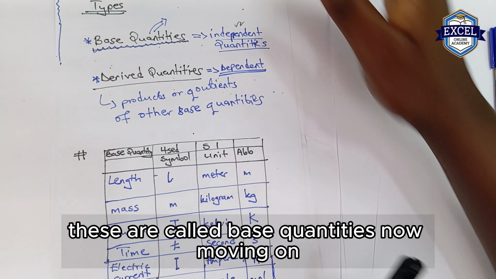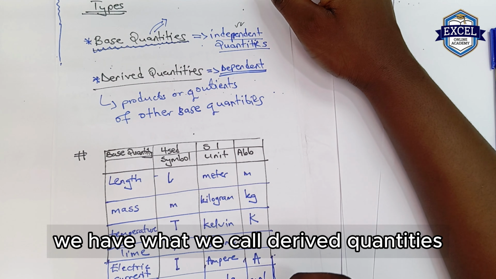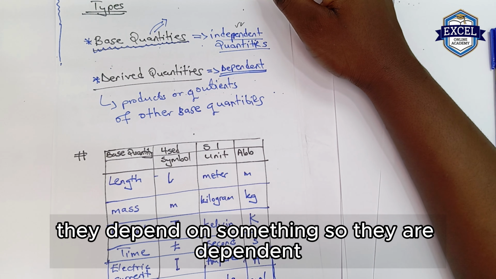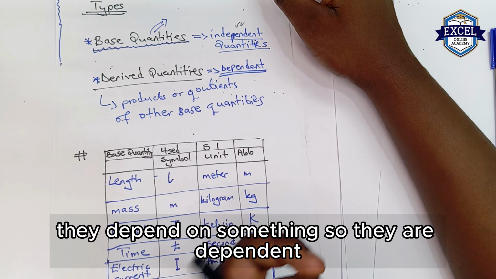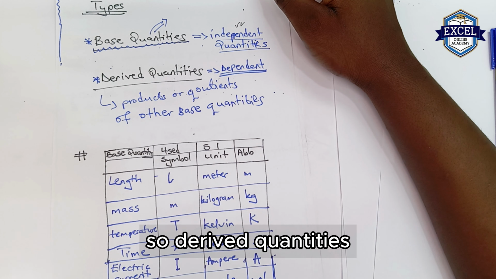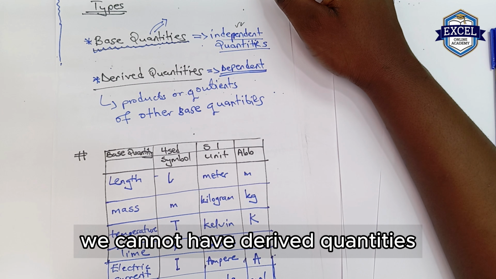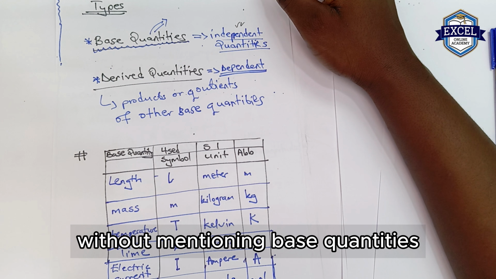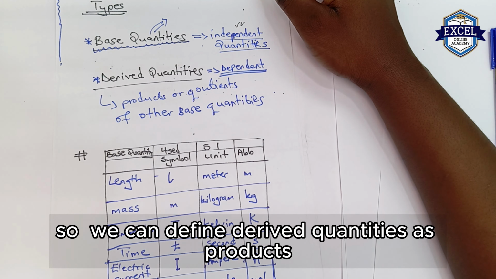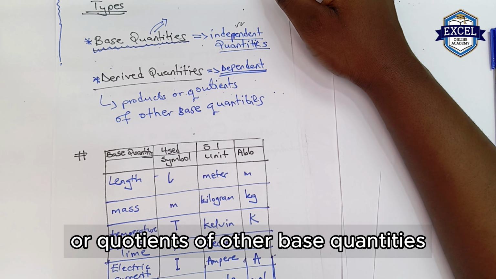Now moving on, we have what you call derived quantities. These derived quantities depend on something. So what do they depend on? Derived quantities depend on base quantities. We cannot have derived quantities without mentioning base quantities. We can define derived quantities as products or quotients of other base quantities.